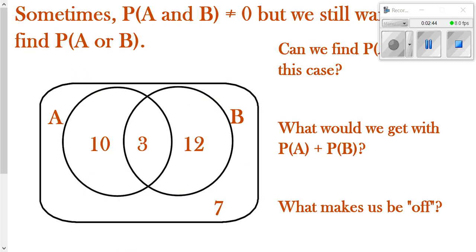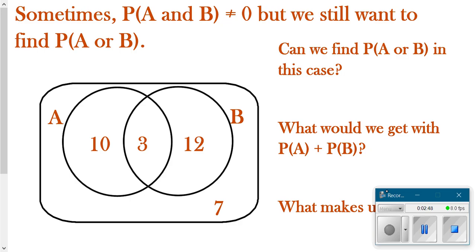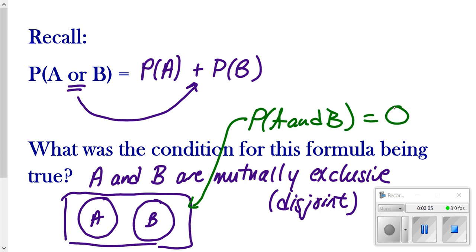However, sometimes we do want to find the probability of A or B, but there is some overlap. Okay, so sometimes, like back in this picture, if I were to ask you what is the probability of A and B? You would say 0 because there's no overlap, right?